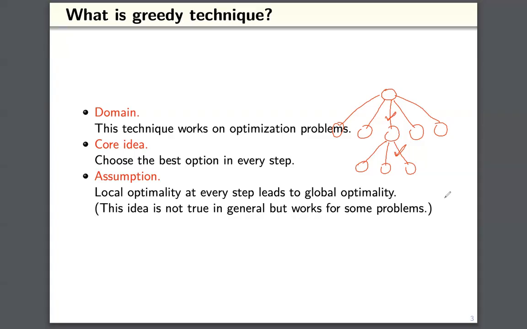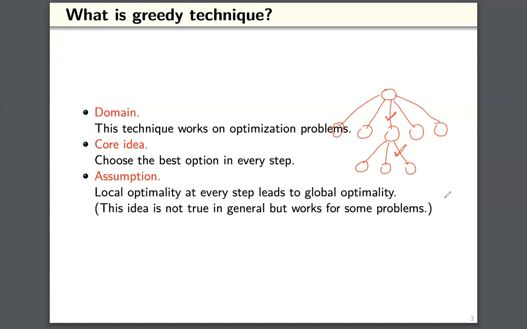No, right? Because a kid might want to play all the time. So if you choose that greedy step, the best option at that step is that the child wants to play. But suppose you make sure that the child studies at a young age, that is the one that leads to global optimality, right?